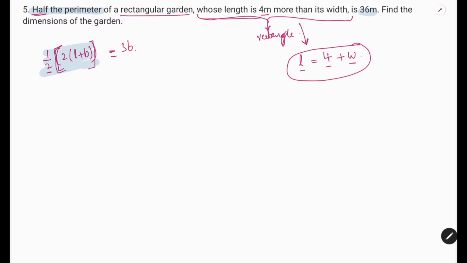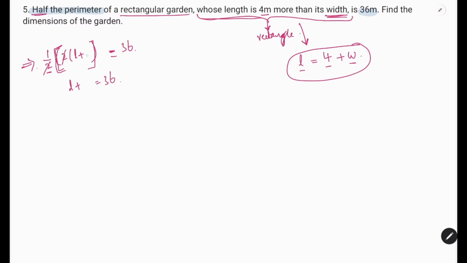So when we solve this equation, 2 and 2 get cancelled. So here length plus breadth equal to 36. Width is given in the question, so here we will take width.